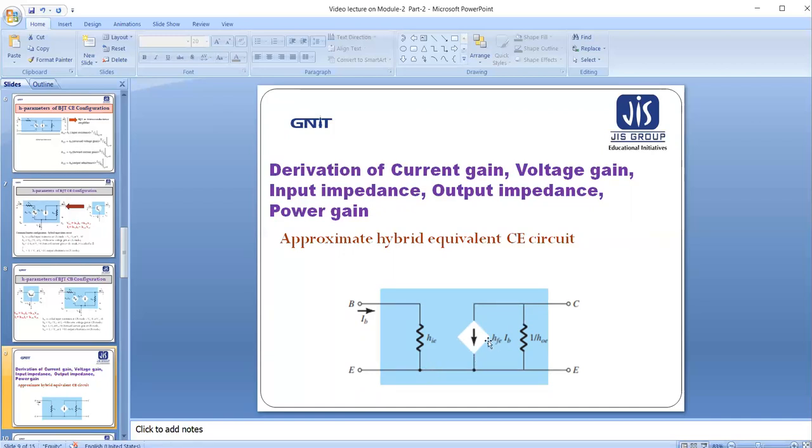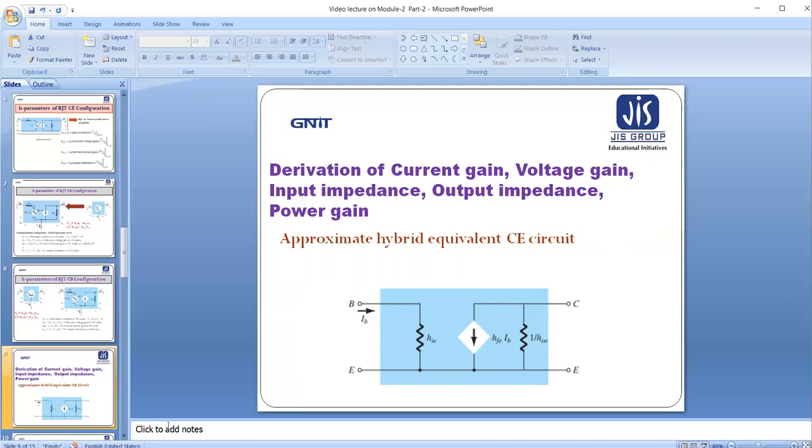This current source HFE into IB is present, because we cannot neglect the HFE value. It is very significant. And 1 by HOE is also a very high value, so we cannot remove it.